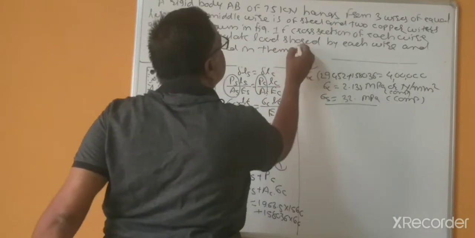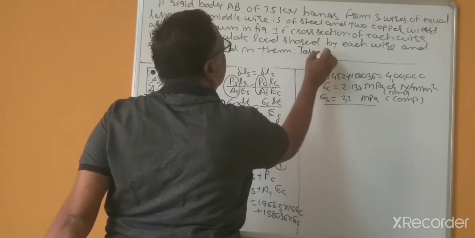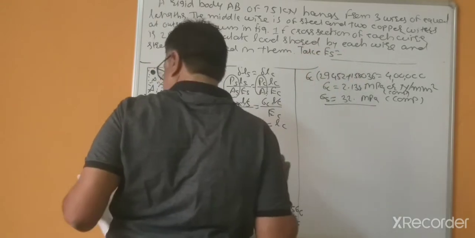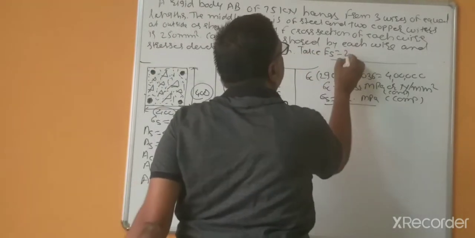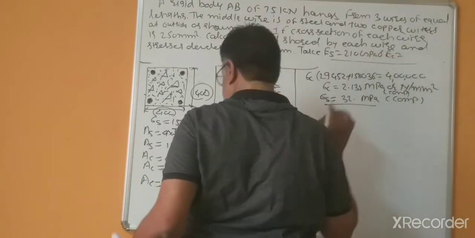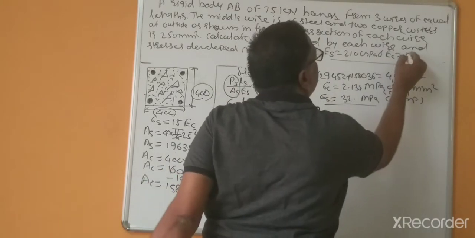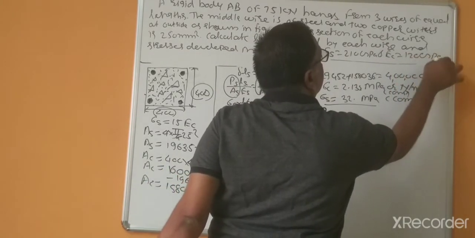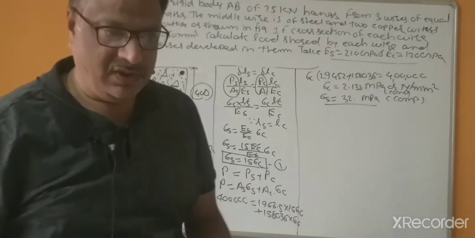Take E S equal to 210 gigapascals and E copper equal to 120 gigapascals. Now this is given.